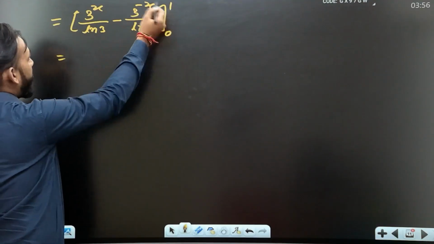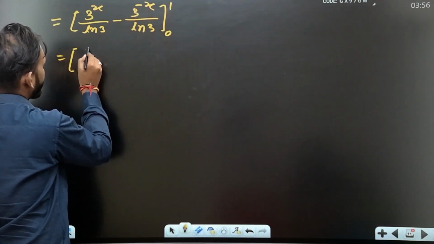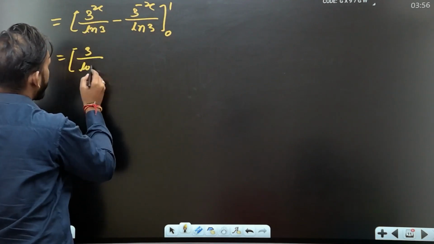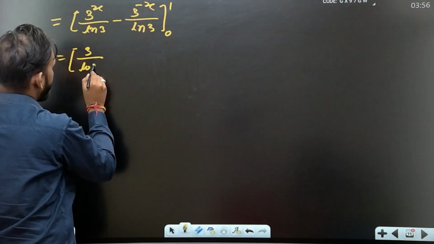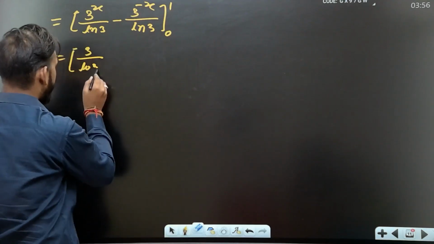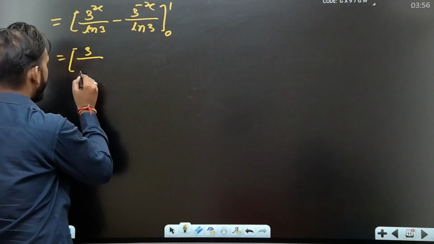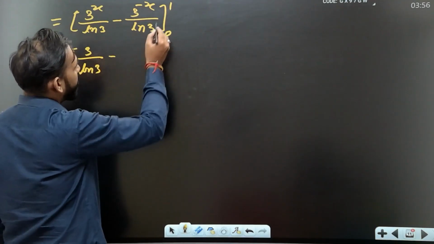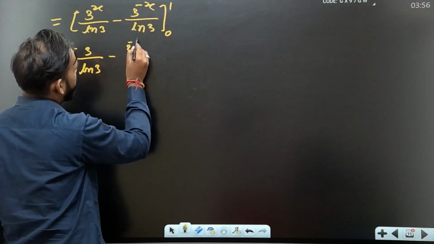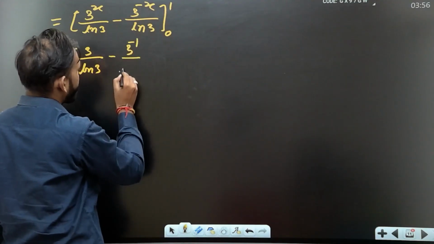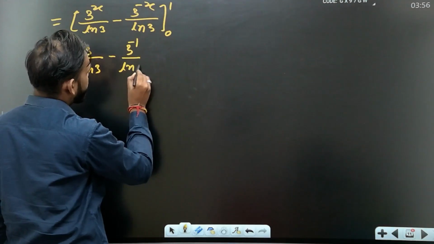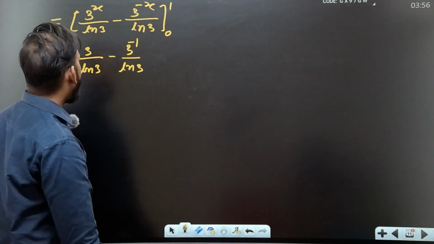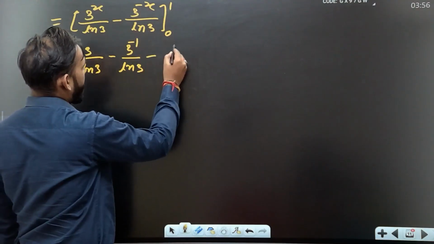Now we put the upper limit, and upper limit will be 3 to the power 1 is 3, over ln 3 as it is, and negative of 3 to the power minus 1 divided by ln 3. You got it? Yes or no? And upper limit minus lower limit now.